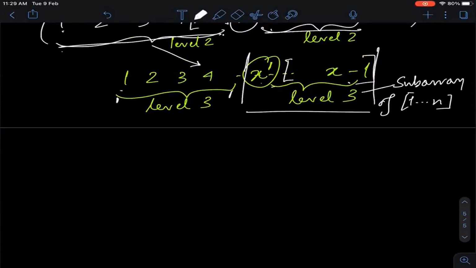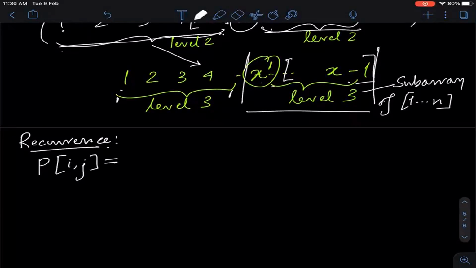So let's just go ahead and try to define it. The recurrence is P(i, j) equal to, so what value will this keep?